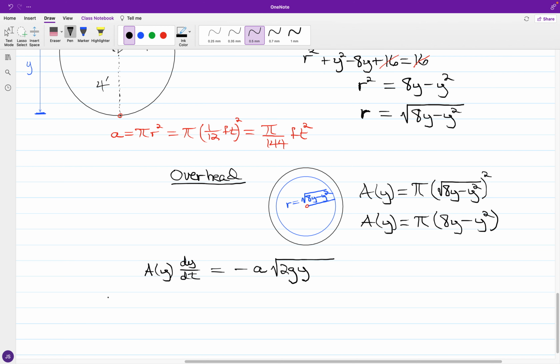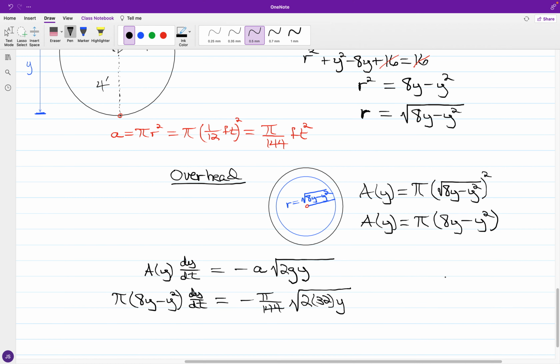So we have pi times the quantity of 8y minus y squared, dy over dt, and we have negative a, so negative pi over 144, times the square root of 2gy. So you have 2 times 32, and we have times y.